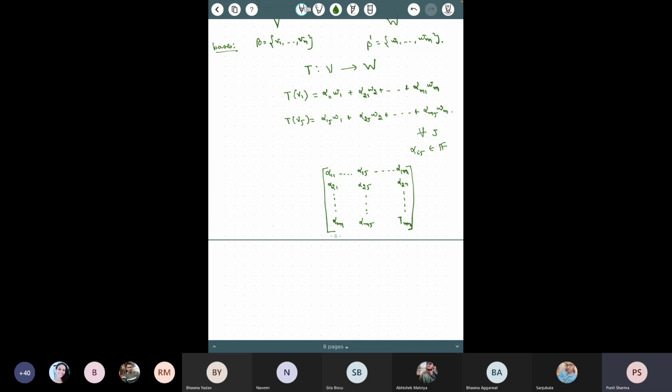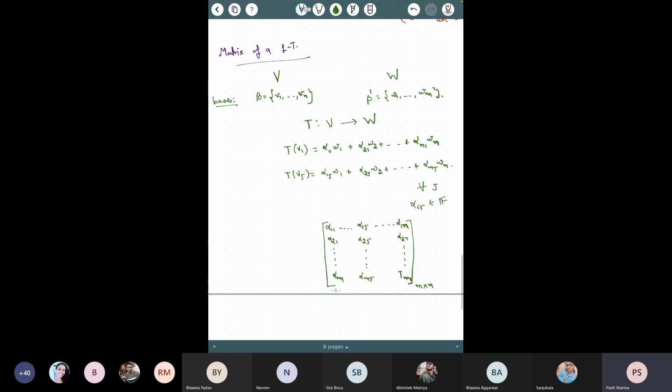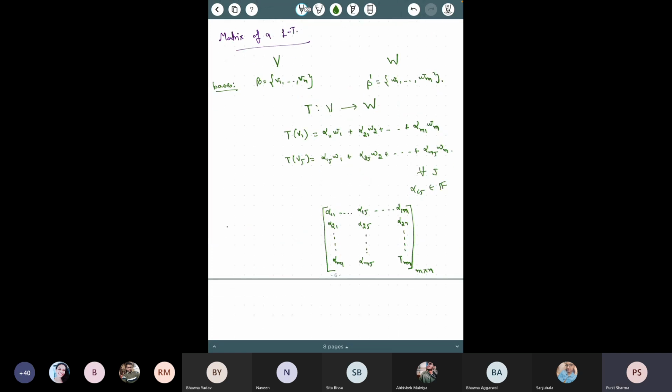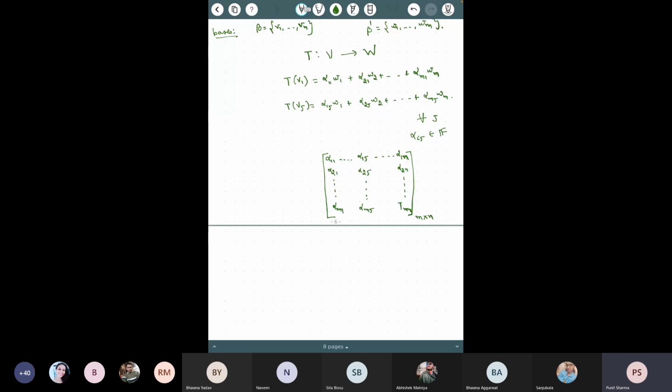So what would be the size of this matrix? The size would be m cross n. So if V is of dimension n and W is of dimension m, then this matrix is of size m cross n.